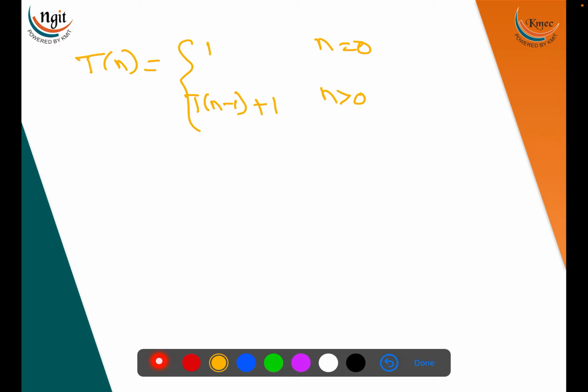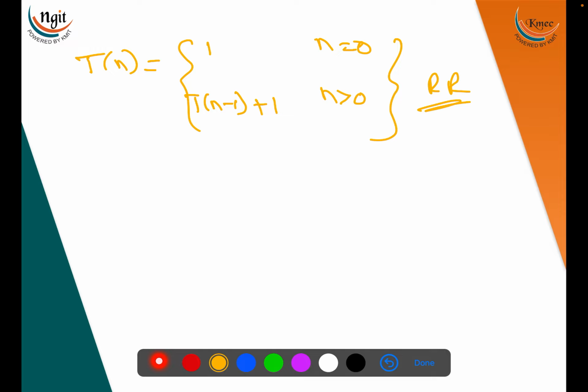So I'm taking a constant time, which is 1. So what is this called? A recurrence relation.